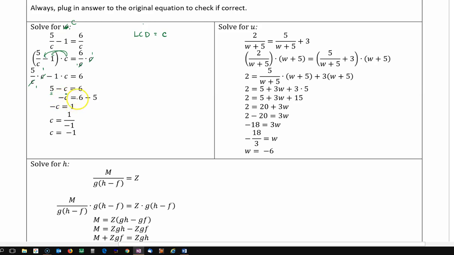So we will be left with minus C and 6 minus 5 on the right-hand side. We're almost done. C is on the left-hand side, almost alone, except for that negative 1. So we divide both sides by negative 1 to give us the C on the left-hand side, and we come up with C equal to minus 1.